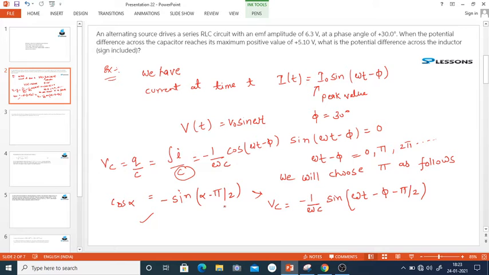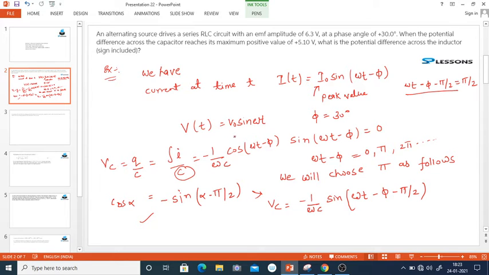Okay, so for it to be maximum, the condition is omega t minus phi minus pi by 2 is equals to pi by 2, since sine is maximum at pi by 2, so we can write this equation.